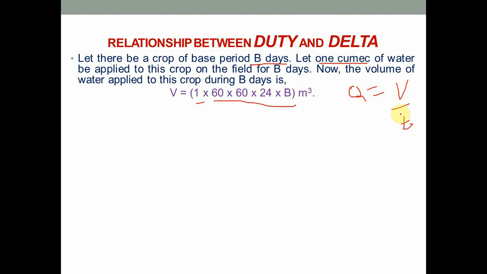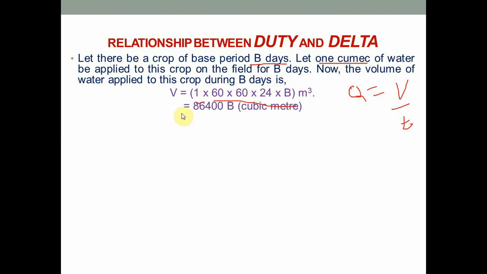So volume will be equal to discharge into time. Here discharge Q is 1 cubic meter per second, or 1 cumec, and time is B days. Now this B days we have converted into seconds, so it is B into 24 hours into 60 minutes into 60 seconds.